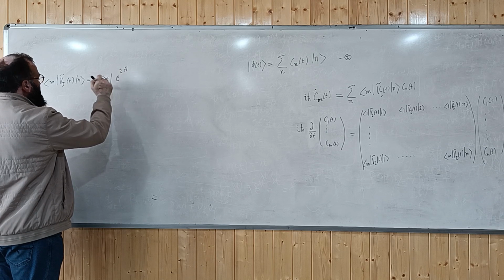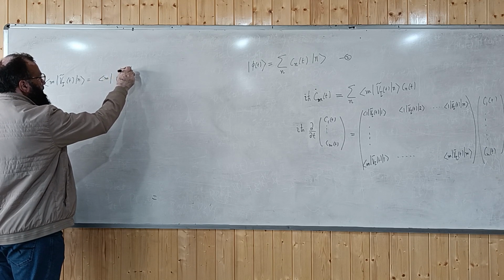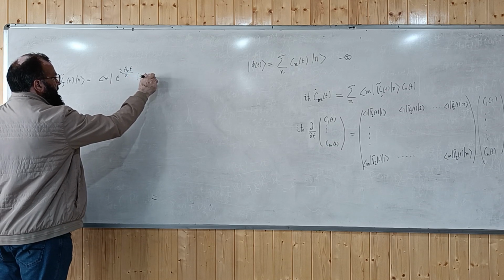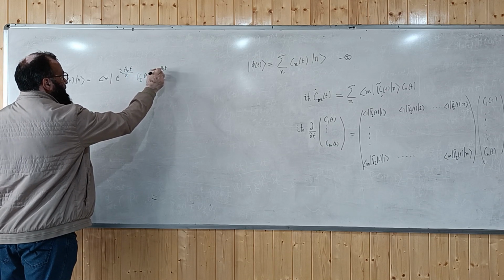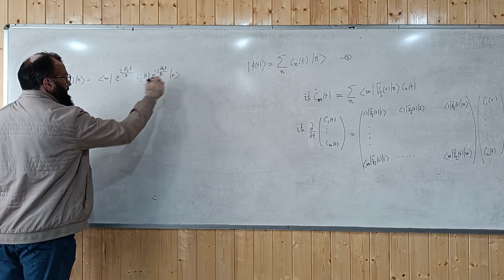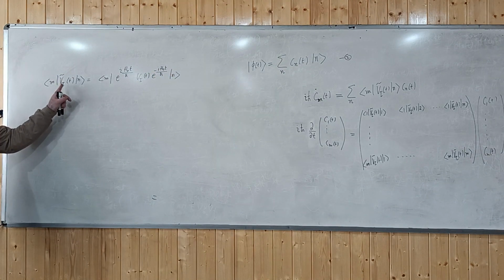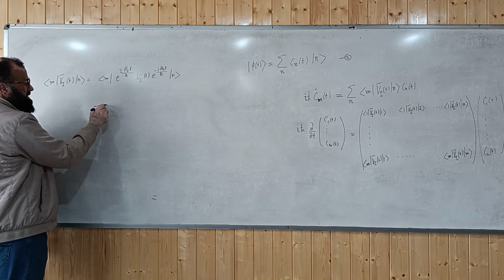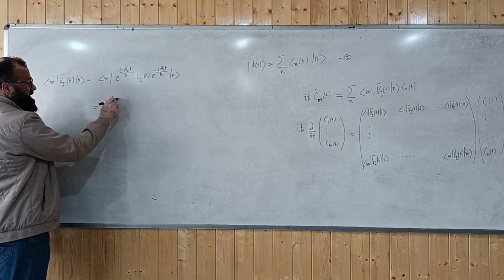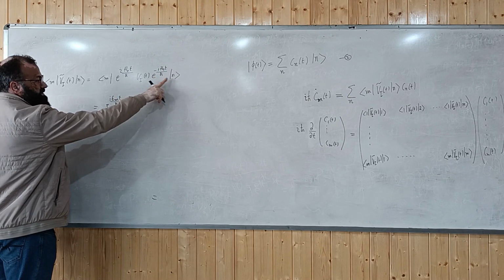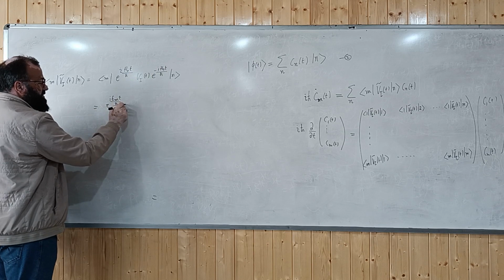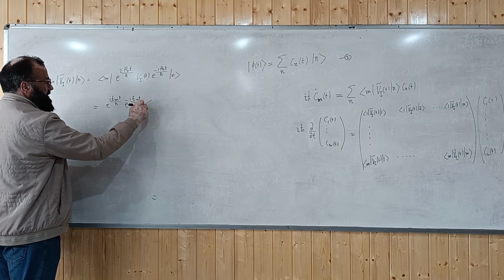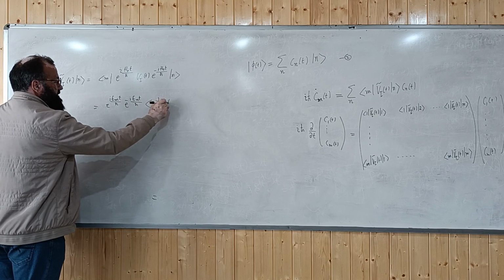It is e raised to power i H naught t by h cross, then you are having this V_I(t), e raised to power minus i H naught t by h cross. Clear? So this is the representation in the interaction picture. This is the eigenstate of H naught, it will give me i E_m t by h cross. This is also the eigenstate of H naught, so it will give me e raised to power minus i E_n t by h cross. What remains? m V_I t n.